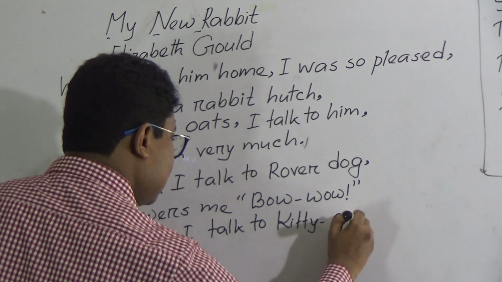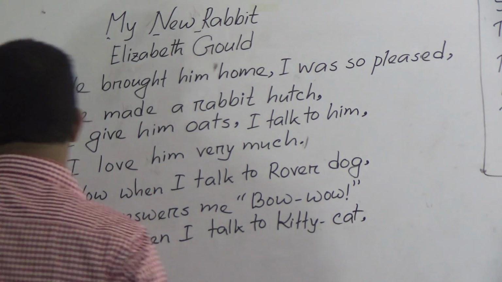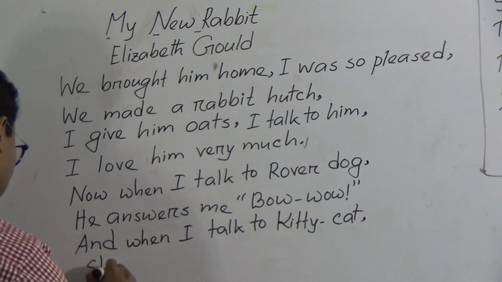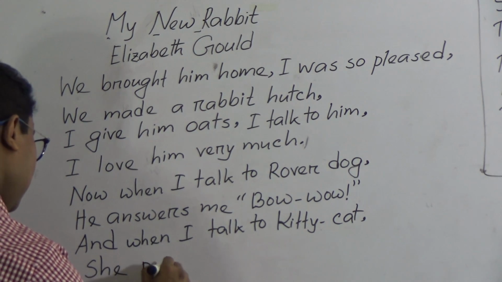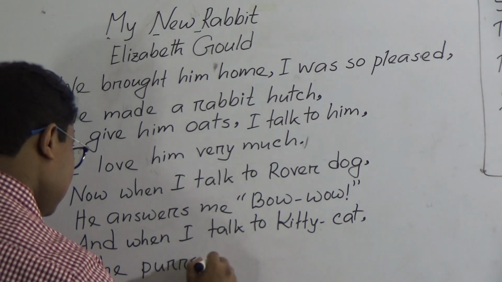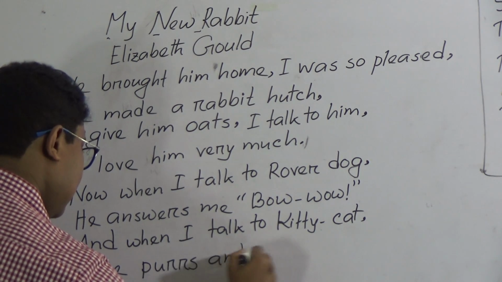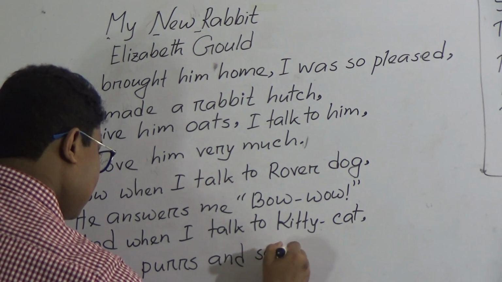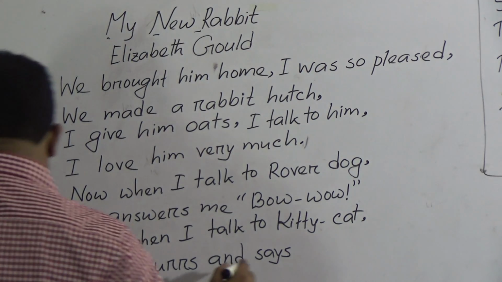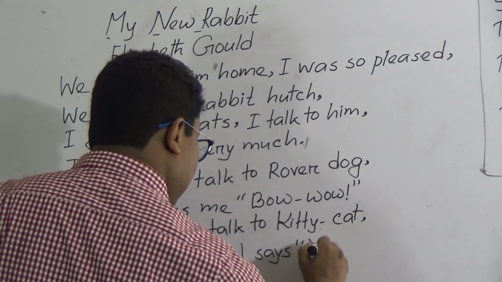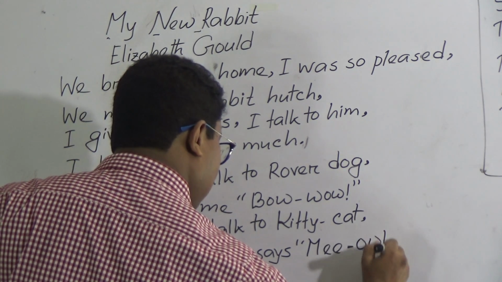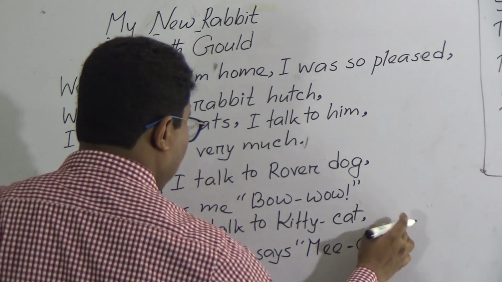Kitty Cat, comma, she purrs and says, she, S will be capital, P-U-R-R-S, she purrs and, no sign here, she purrs and says meow, meow, and quotation close.